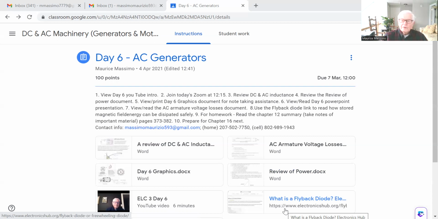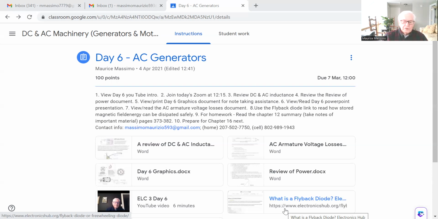But when we load up an inductor, it increases the power that's generated and retained in your coil.